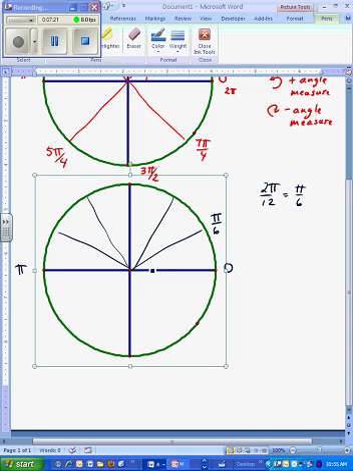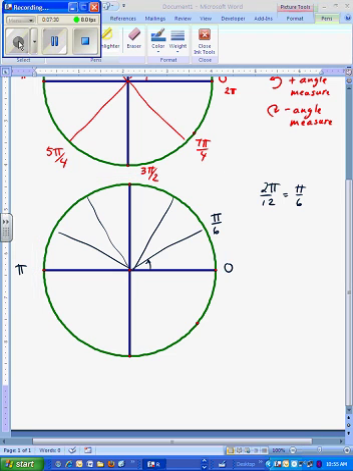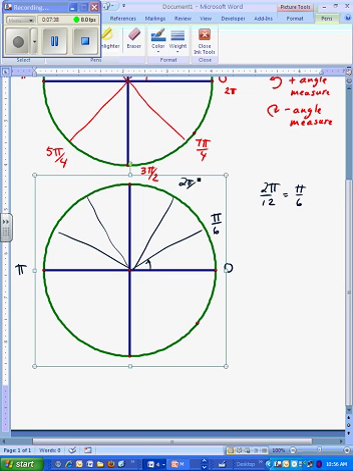Remember, that is the sweeping out as well. And on the unit circle, it is this arc length too. So now I start counting again. So now I'm counting pi over 6, 2 pi over 6. So if I put 2 pi over 6, oops, I don't want to do that because I want to reduce that.